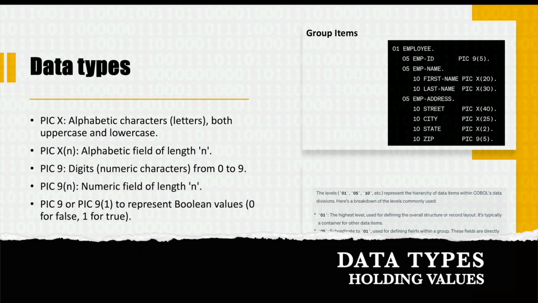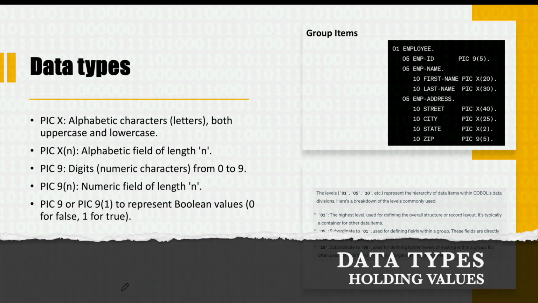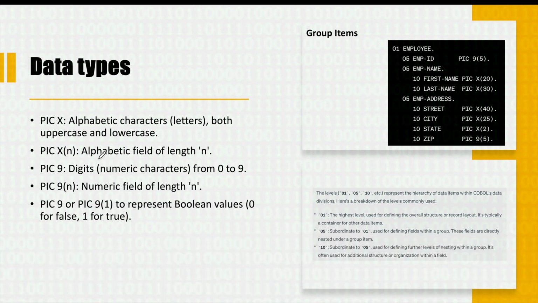Now let's see the COBOL data types. This is important because when we see copybooks, we should be able to know what the important data types are. It's not a comprehensive list, but still it gives you some details. For alphanumeric characters, you can say PIC X. If you have to give how many alphanumeric characters, you can put a number here. 9 is meant for digits, PIC 9. For numeric characters, PIC 9(n), where the length of the numeric characters is given by n.